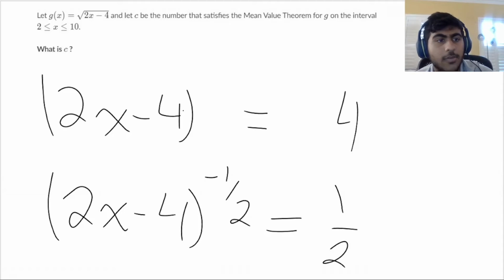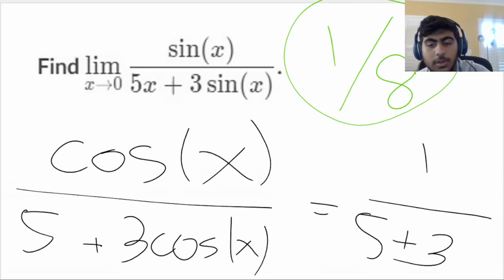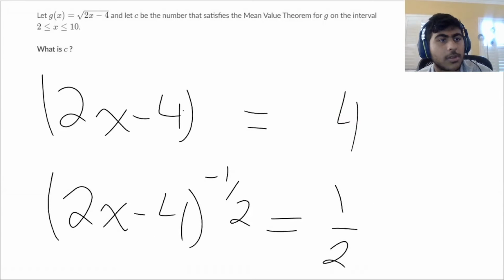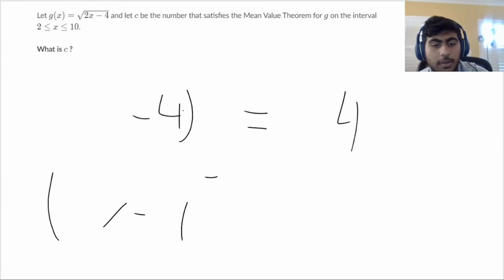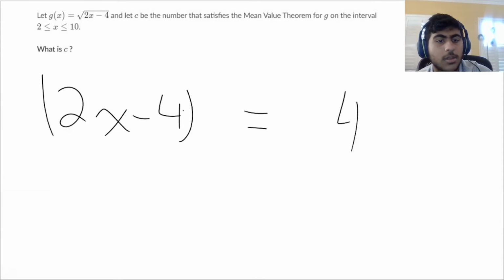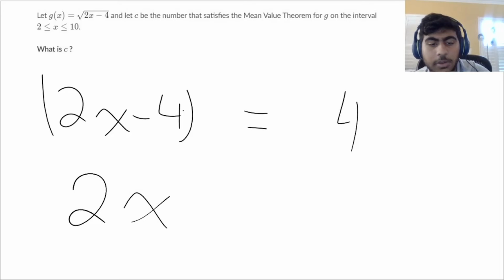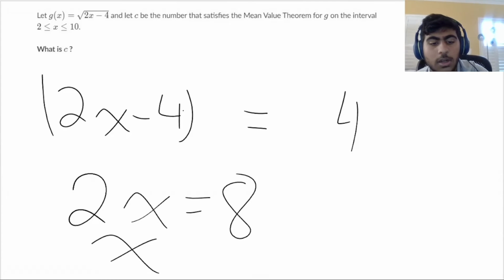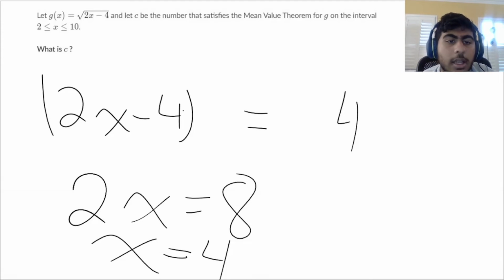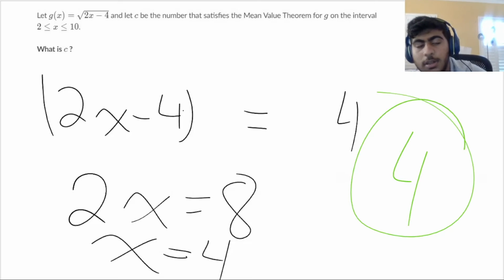Basically, we're just left with 2x minus 4 equals 4. Not very hard at this point. 2x equals 8, x equals 4. So our answer here is that the c at which x satisfies the mean value theorem is going to be x equals 4.